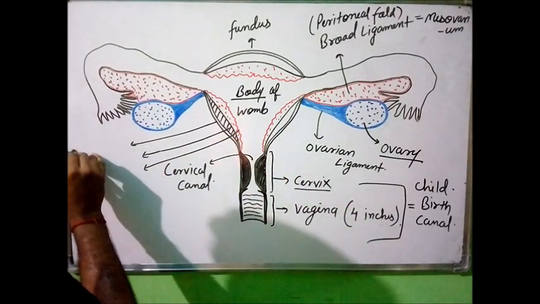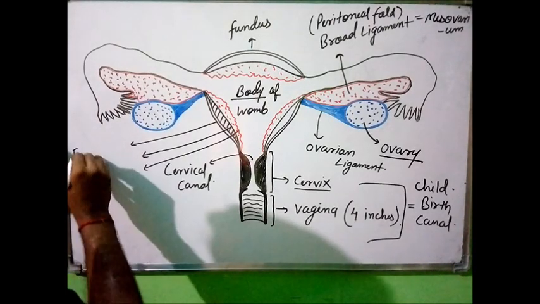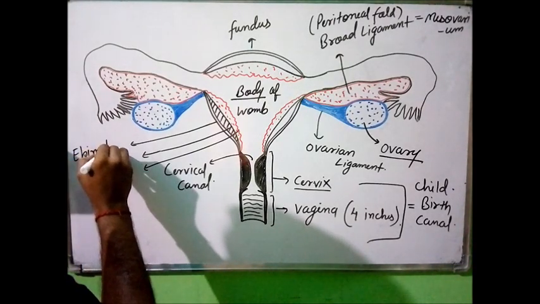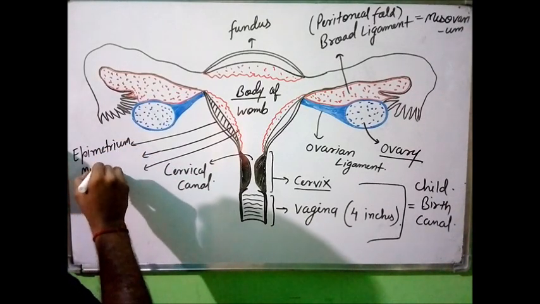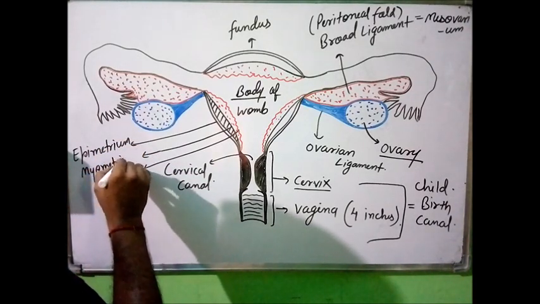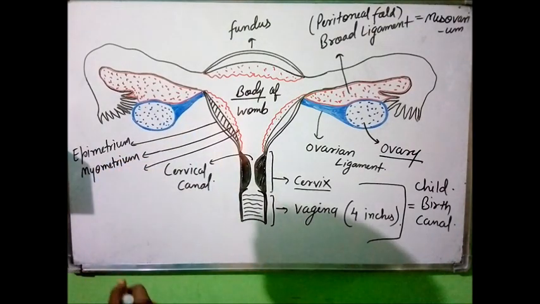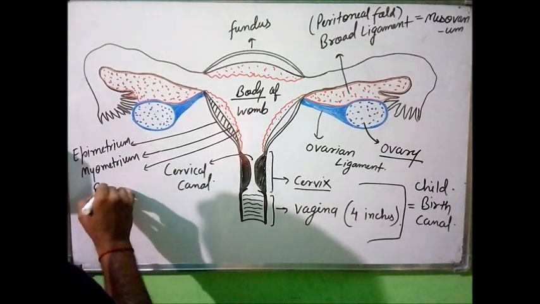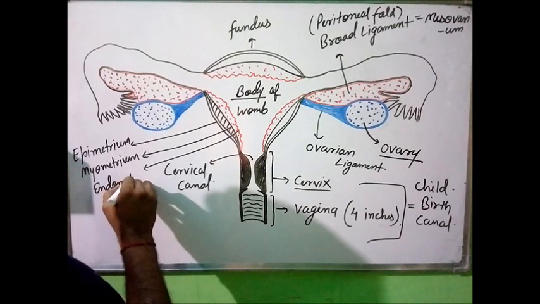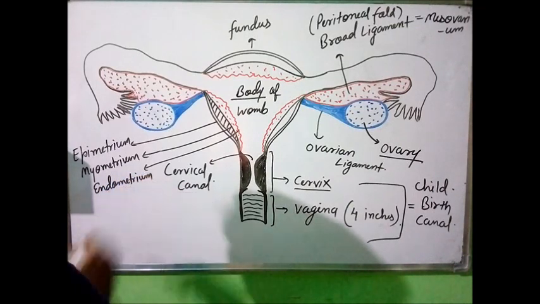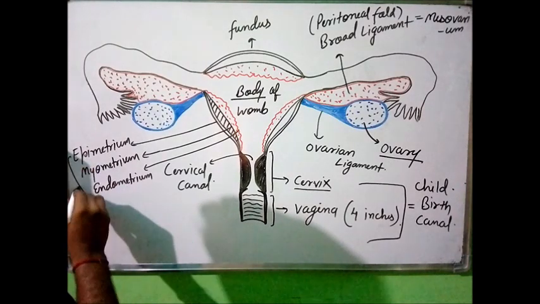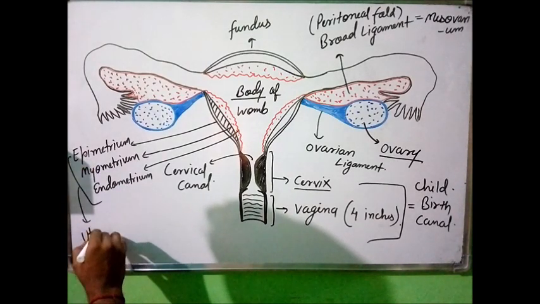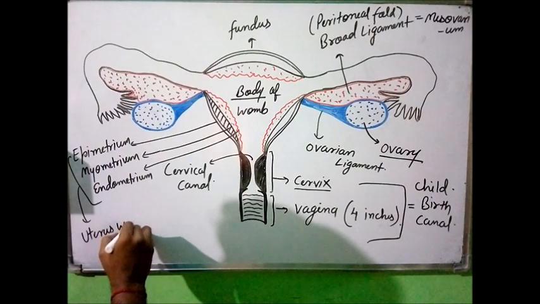The outermost is called the perimetrium, then the muscular layer, the myometrium, and then the inner unstable layer, the endometrium, which is responsible for implantation and supports the pregnancy. So these 3 layers together form the uterus wall.